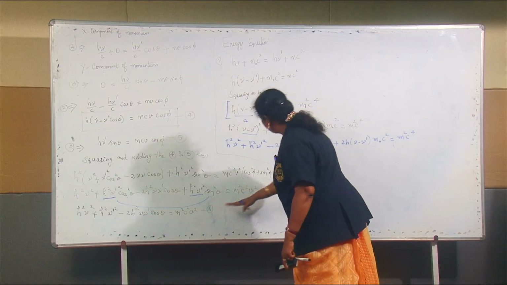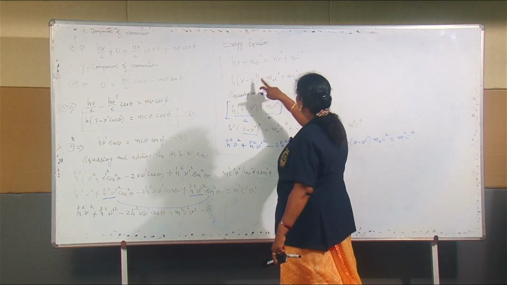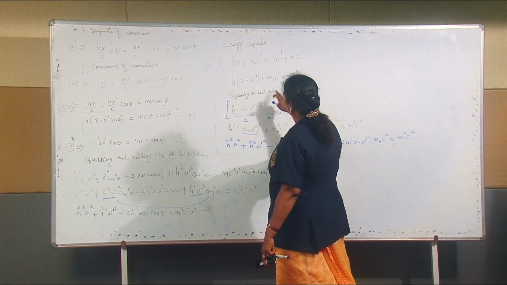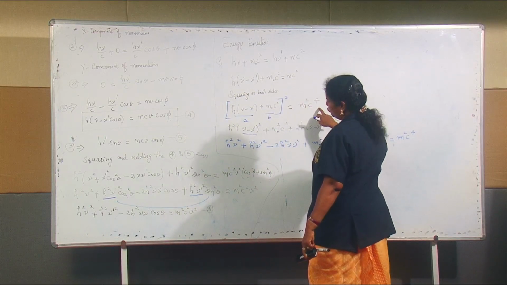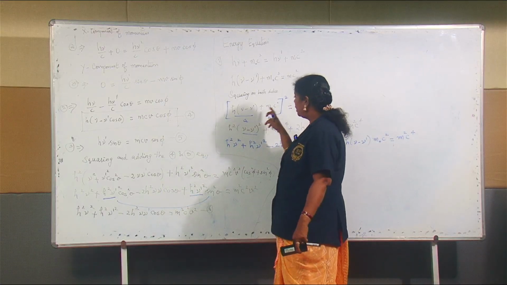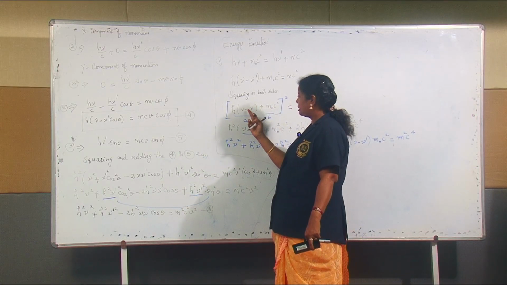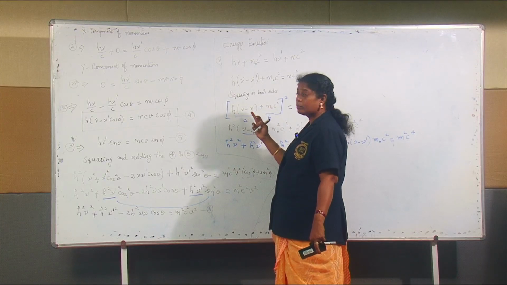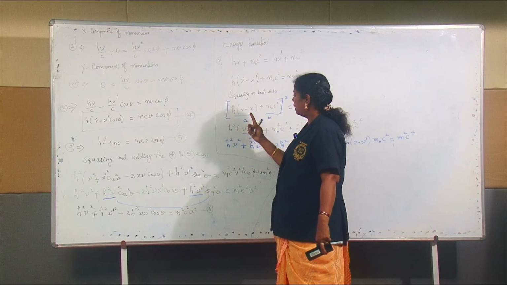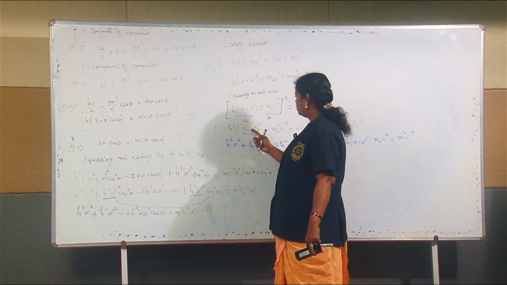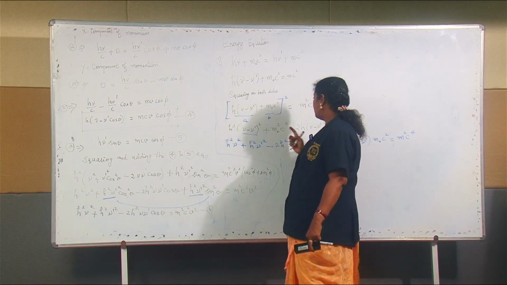To simplify this term and this term, we are squaring the energy equation. On squaring on both sides, we get m squared c power 4. Here we have two terms; let us assume this as a and this as b. So a squared plus b squared minus 2ab, in that format we expand. So h squared (nu minus nu dash) is a squared, and then b squared plus 2ab.